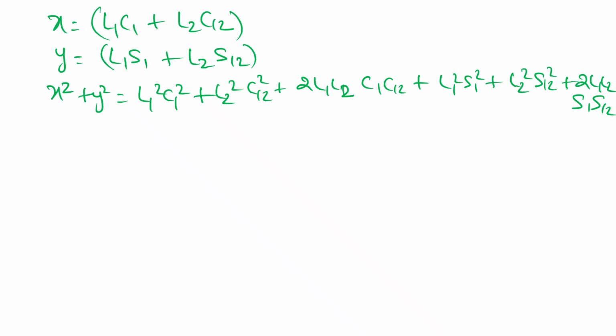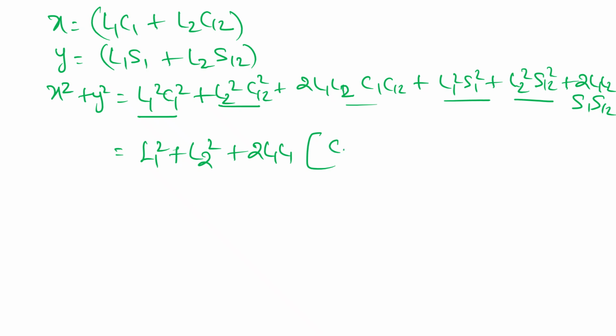Let's combine: L1 square C1 square plus L1 square S1 square is L1 square, because C1 square plus S1 square is 1. Similarly, C12 square plus S12 square is 1, so L2 square. Then we have the terms left over; taking the common term 2 L1 L2, in the bracket it is C1 C12 plus S1 S12.